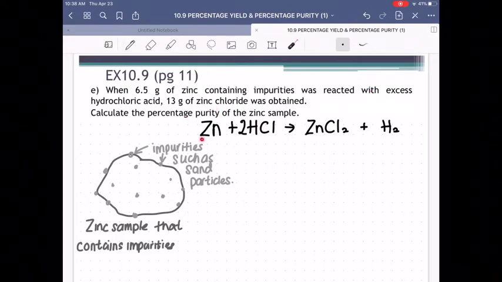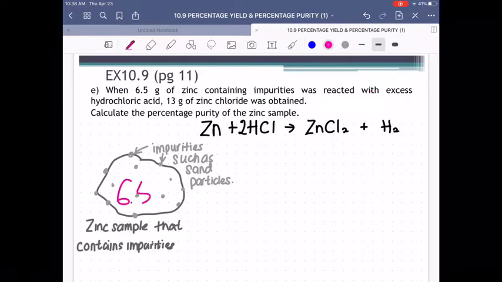For this zinc, the 6.5 grams containing impurities, I've drawn a small diagram here. You have impurities such as sand particles. So this whole thing is 6.5 grams including the sand, but not all of the 6.5 will participate in the reaction.